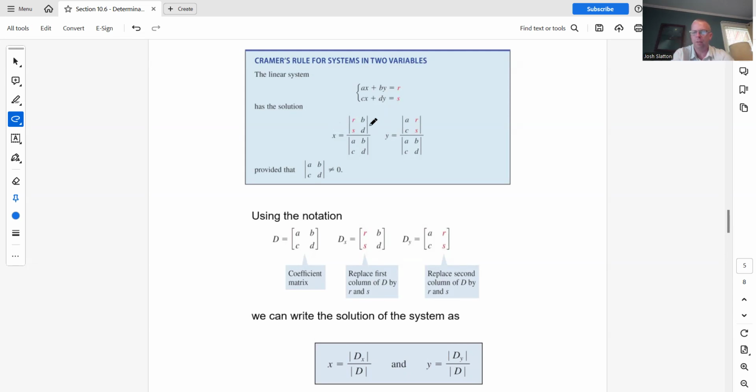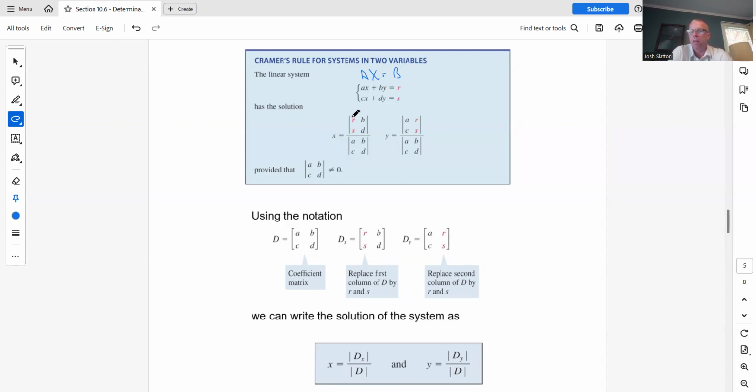You can see we have a fraction of determinants here. The bottom determinant in both of these is just the coefficient matrix A, B, C, D. For the numerator, recall from the last section, AX equals B, where A is the coefficient matrix, X is the column matrix of x and y, and B is the column matrix of the right sides in this case.